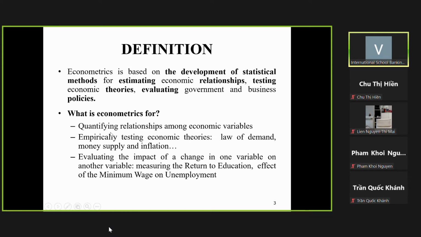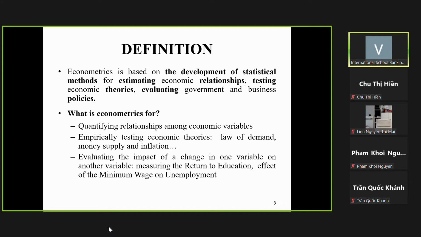Quantify, lượng hóa em nhé. That means we need to find the number, to see when the independent variable increases by 1 unit, how many units the dependent variable will change. So we need to find out that number.